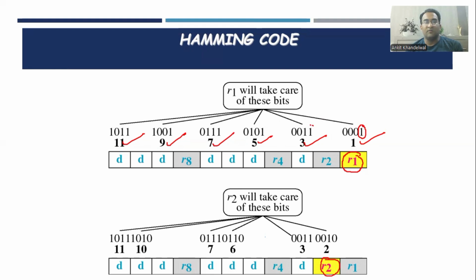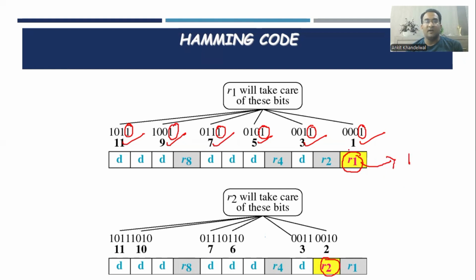This is the position of 1 in the binary value of 3. This is the position of 1 in the binary value of 5. This is the position of 1 in the binary value of 7, and so on. In 9, we are also having this bit 1, the first bit, and in 11 also we have the first bit, because the position of R1 is 1.